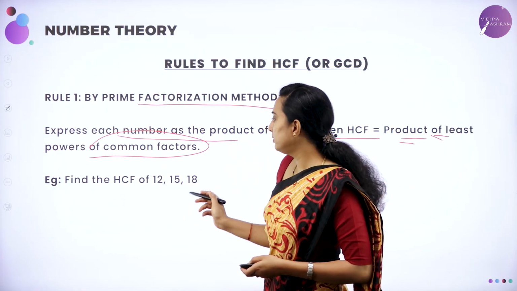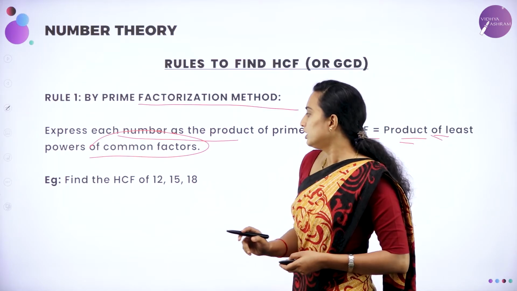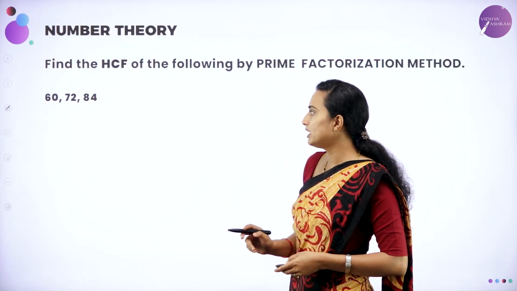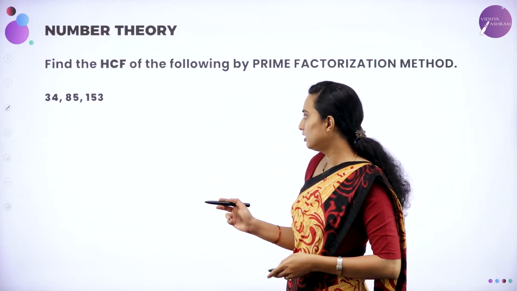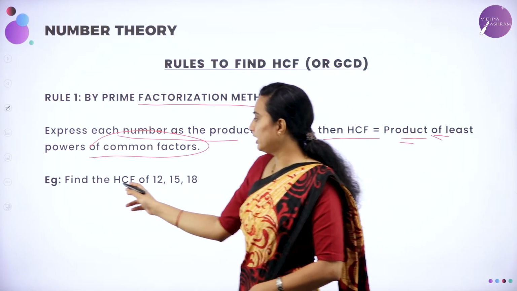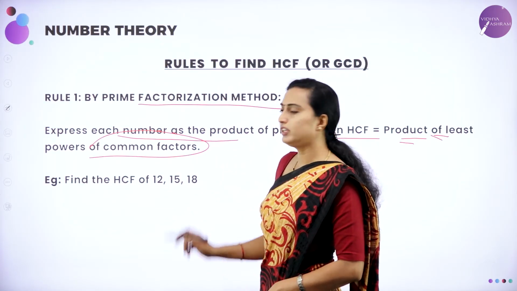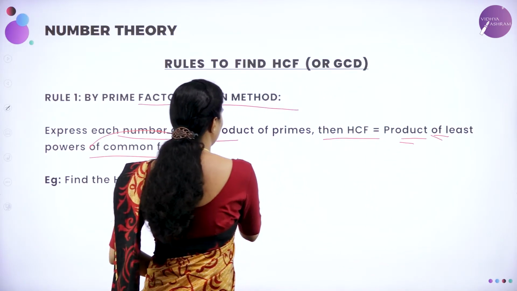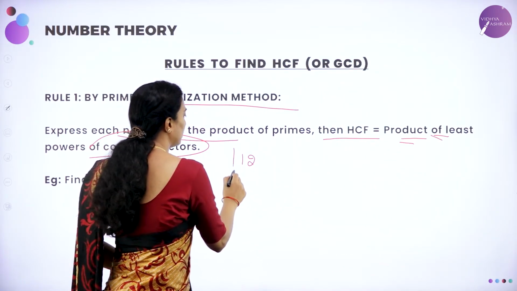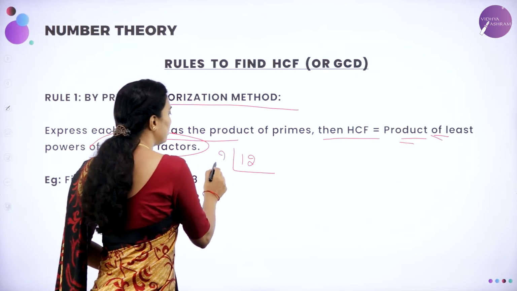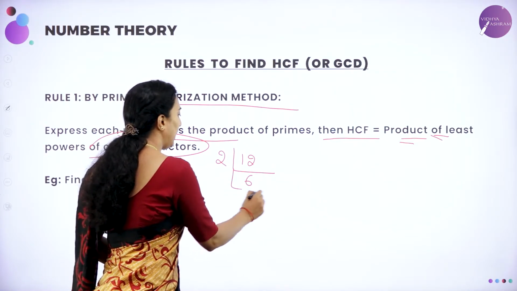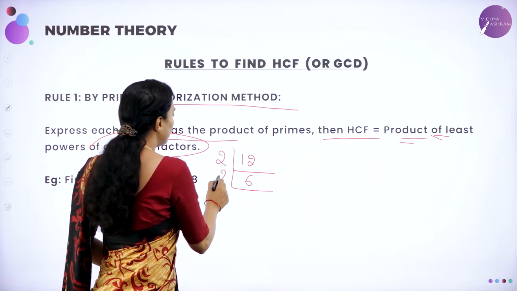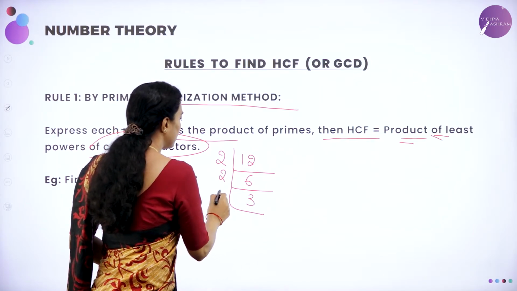Got it? So let me find the HCF of 12, 15 and 18. Now I am going to do it by the prime factorization method. 12: 2 sixes are 12, 2 threes are 6, 3 ones are 3.